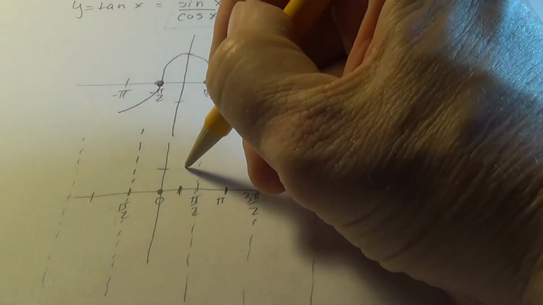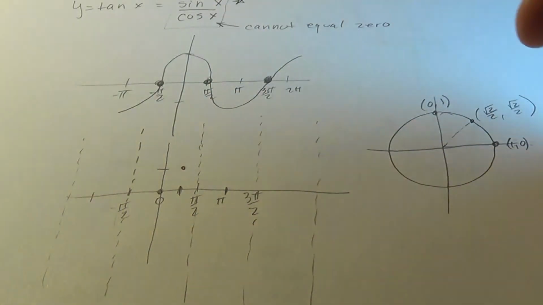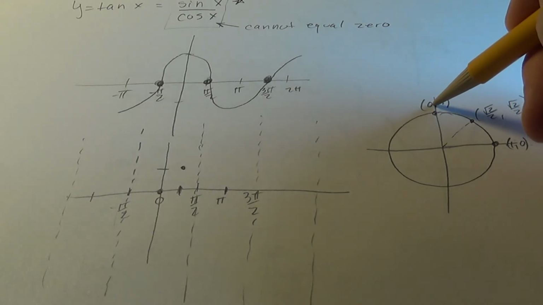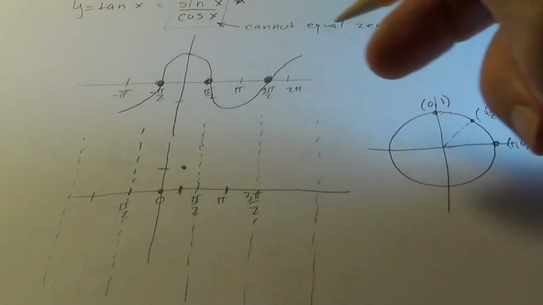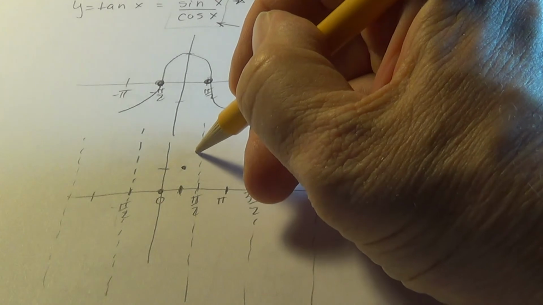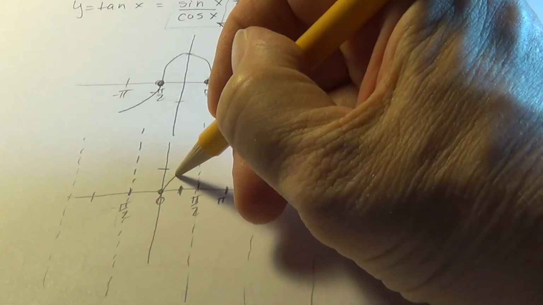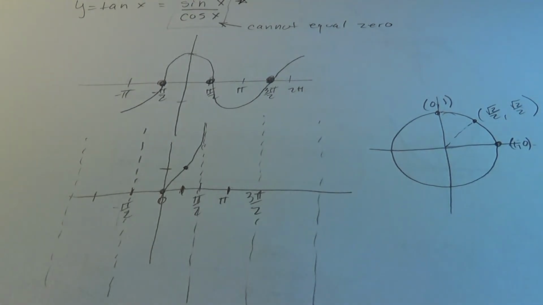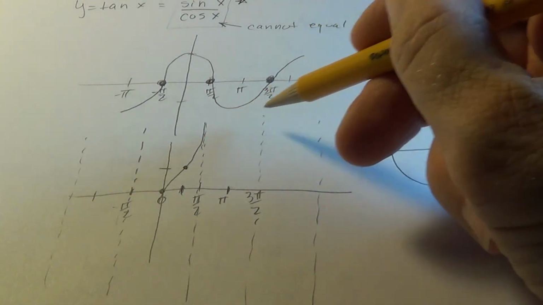So I'll say 1 is up here. And when I get up to here, I end up taking 1 divided by 0, which is that impossibility. So it looks like it's just going to go up closer and closer to that curve because we can't ever divide by 0. So I'm getting closer and closer to the asymptote, but I'm not touching it.